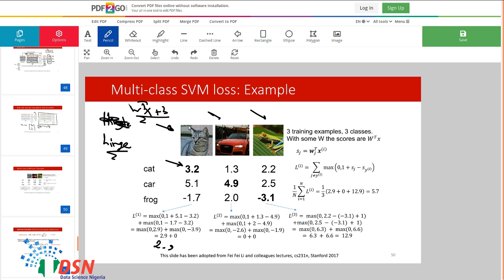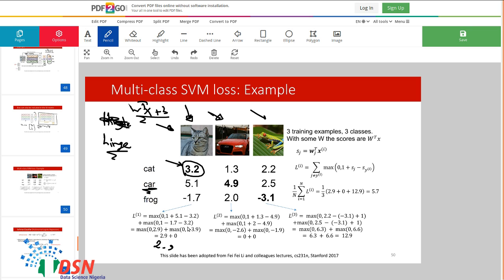Just note that when we take this input to the algorithm, we want to have the highest score for the cat, because this is actually a cat, but the algorithm is predicting wrong. It predicts it is a car, but we know that it is a cat, so we have a loss here.